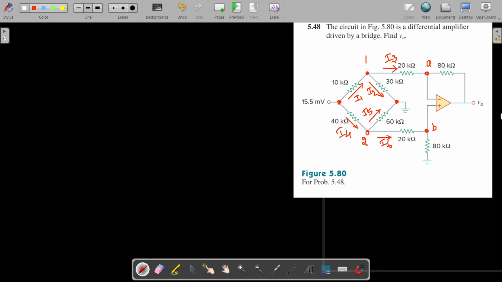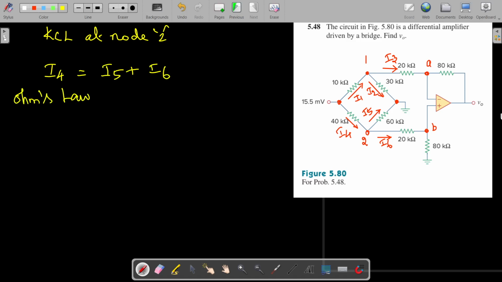Now we are going to apply KCL at node 2. The entering current here is I4, and the leaving currents are I5 and I6. For I4, I5, I6 we apply Ohm's law, potential difference divided by the resistance value.